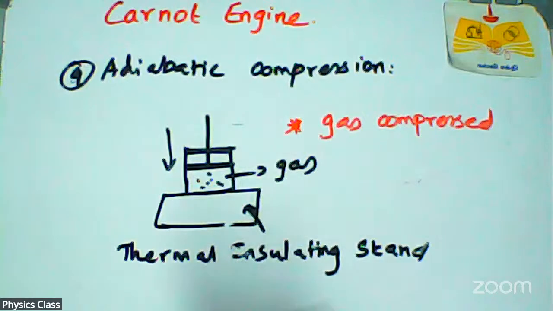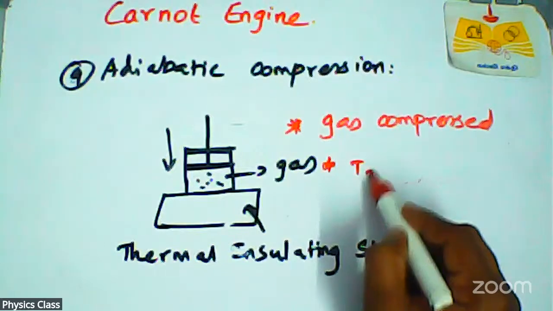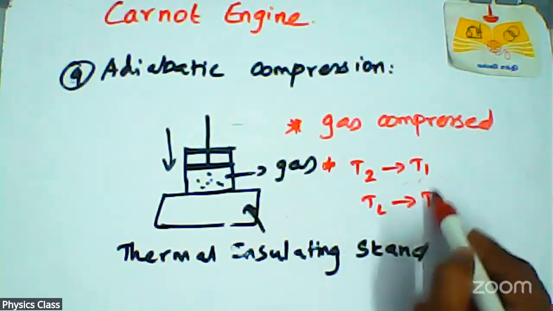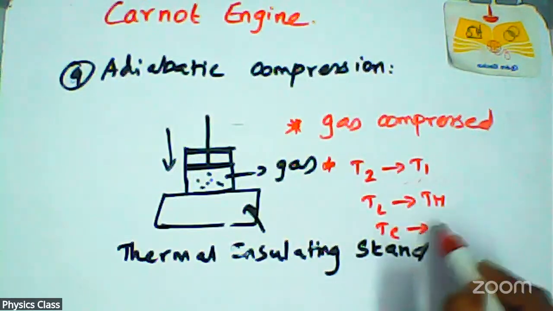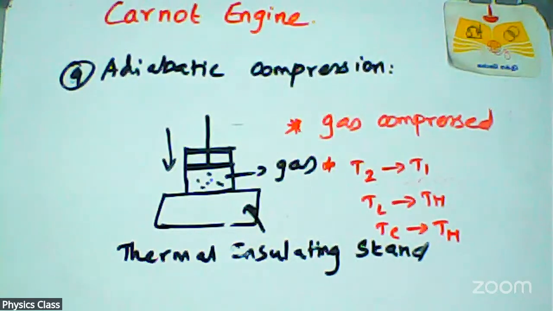But in adiabatic compression, the temperature now increases to high temperature. So from T2 to T1 means from low to high, from cold temperature to hot temperature. So temperature rises back in this process.